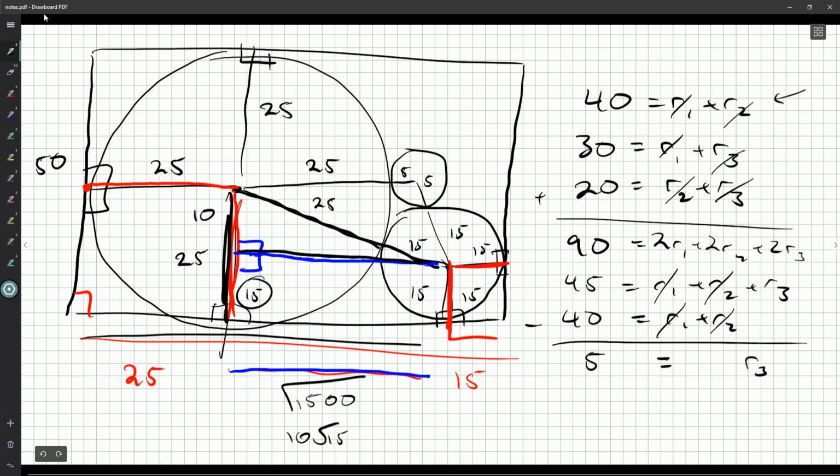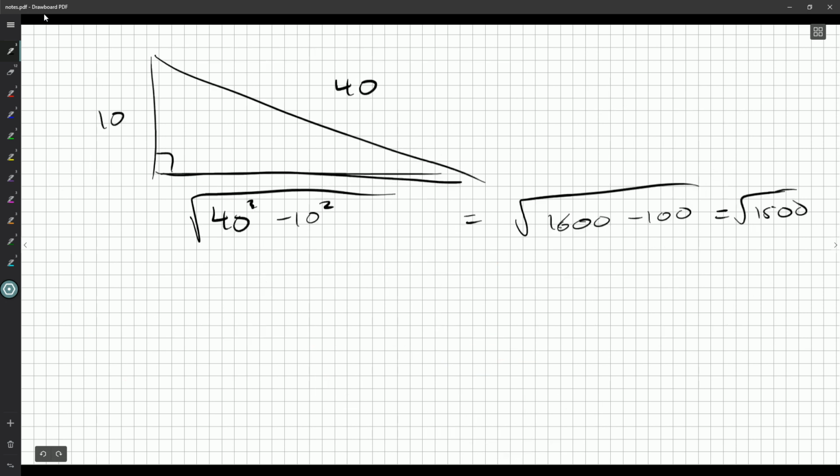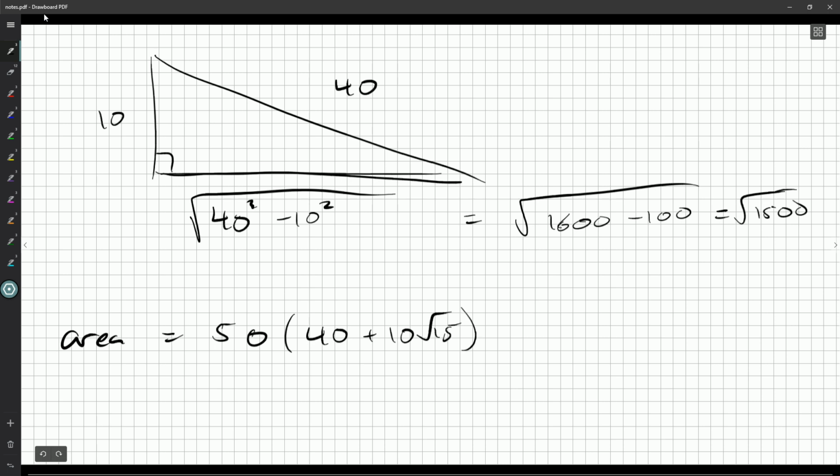So the length is 25 plus 15 plus 10 root 15. 40 plus 10 root 15 is the length, and I already knew the width, so now we can get the area: 50 times (40 plus 10 root 15).